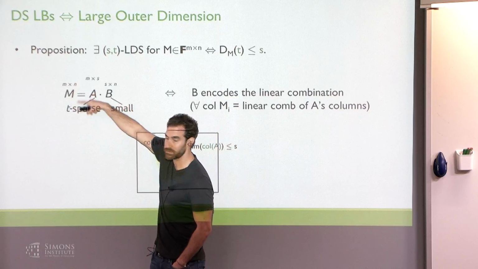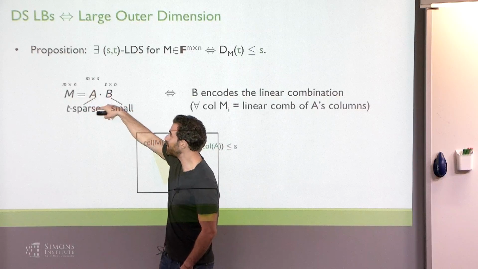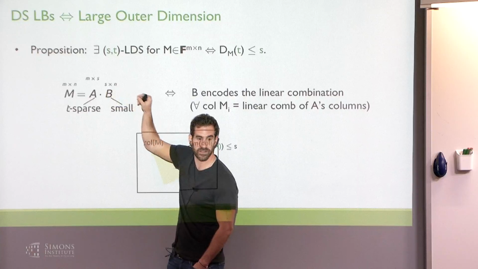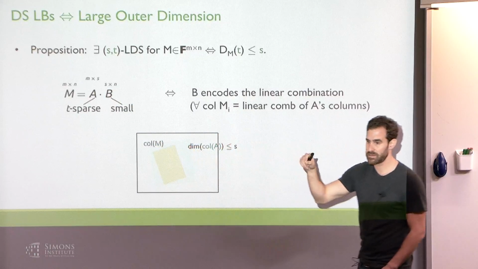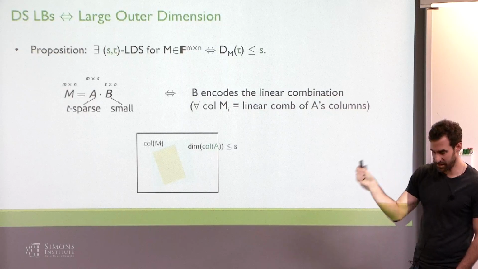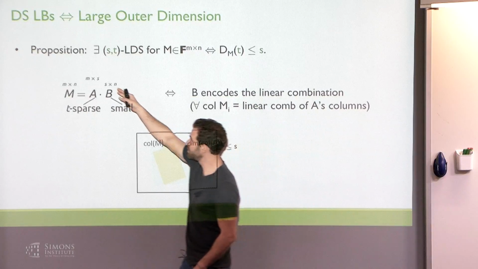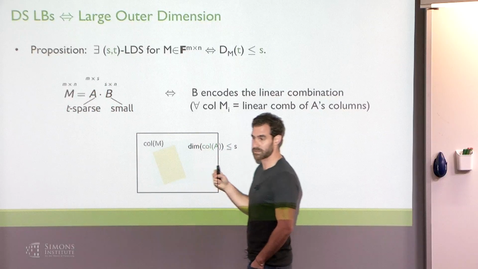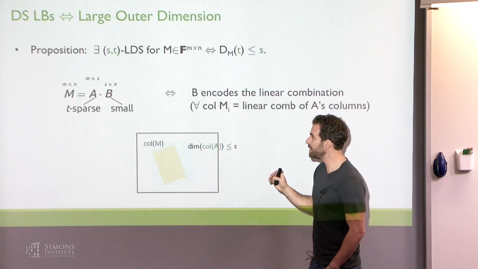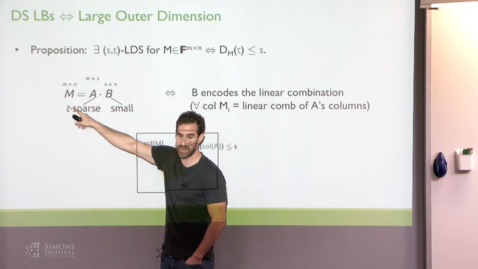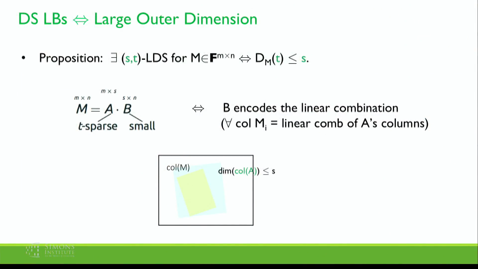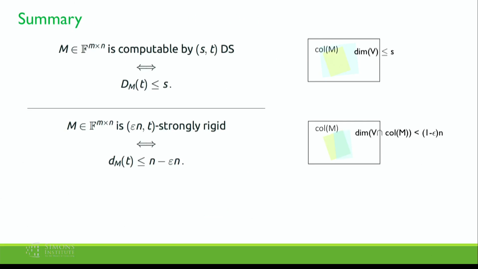It means that every column of M is generated by the column space of A, and B is just the linear combination encoding this factorization, right? Is that clear? So I claim that the column space of A must contain M, and B is the evidence for that. Remember, there's no sparsity constraint on B. B just specifies the linear combination of the columns that produce the column space of M. That's it. So I'm not saying anything very interesting.